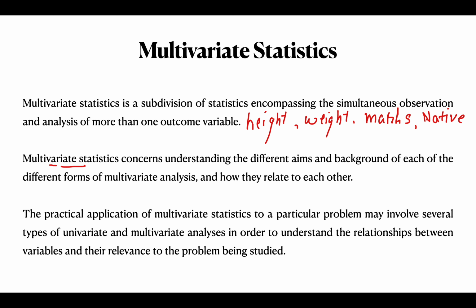The next thing is that the practical application of multivariate statistics to a particular problem may involve several types of univariate and multivariate analysis in order to understand the relationship between variables and their relevance to the problem being studied. What is meant? Now, we have already studied univariate, and it doesn't mean that it doesn't help us in multivariate statistics.